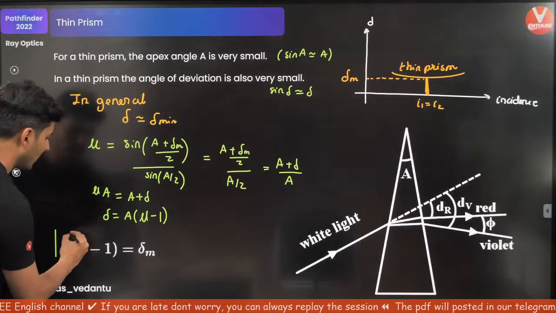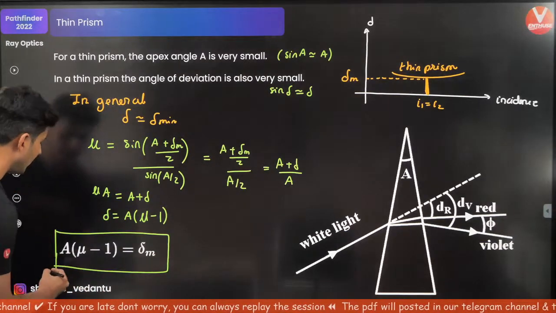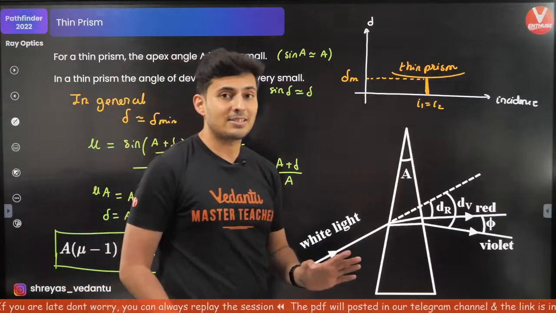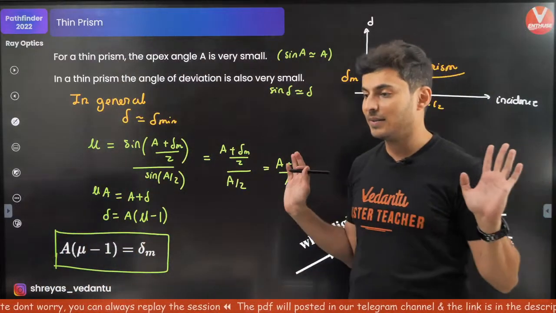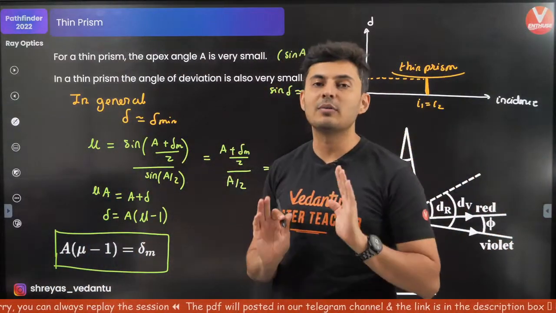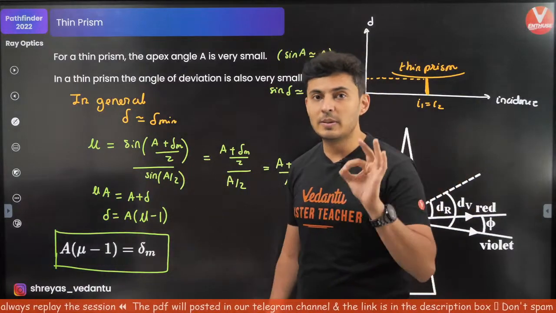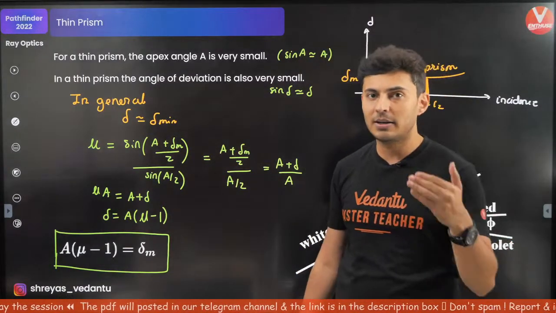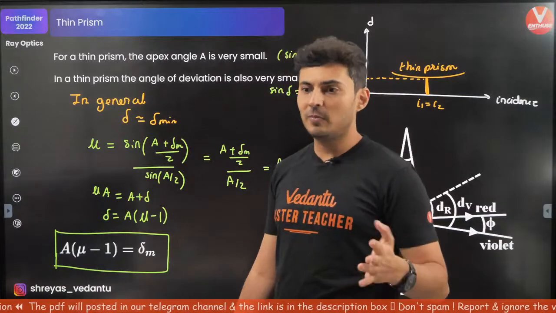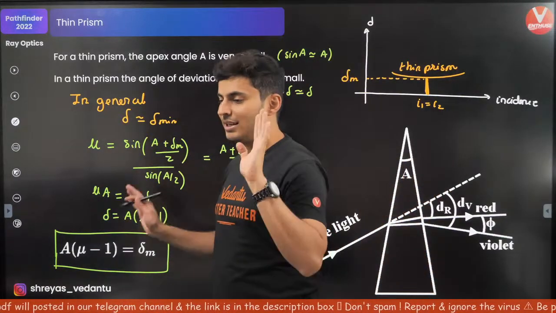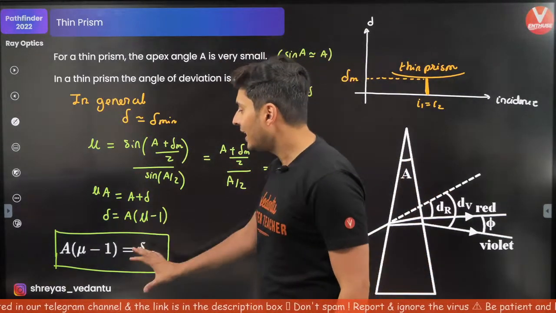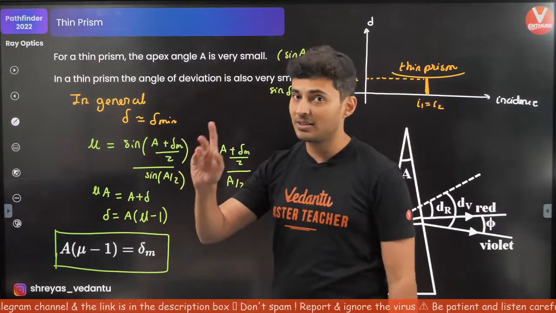The deviation in general for thin prisms is A into (mu minus 1). If you remember that, you will be able to solve all the questions on dispersive power, dispersion angle, combination of prisms and all of that. As simple as that. So A into (mu minus 1), but A should be small.